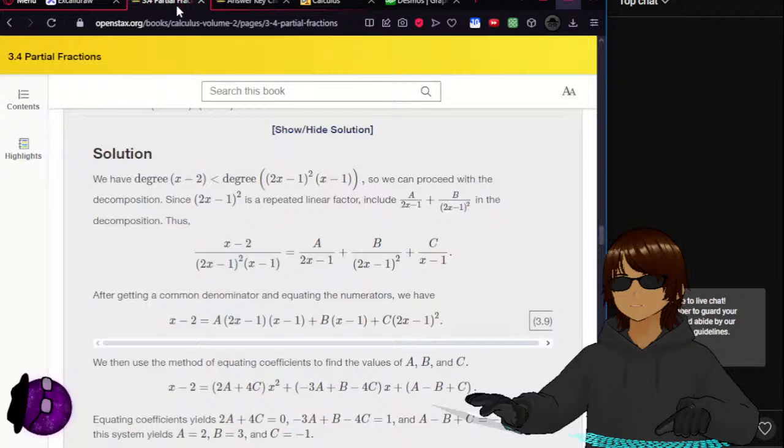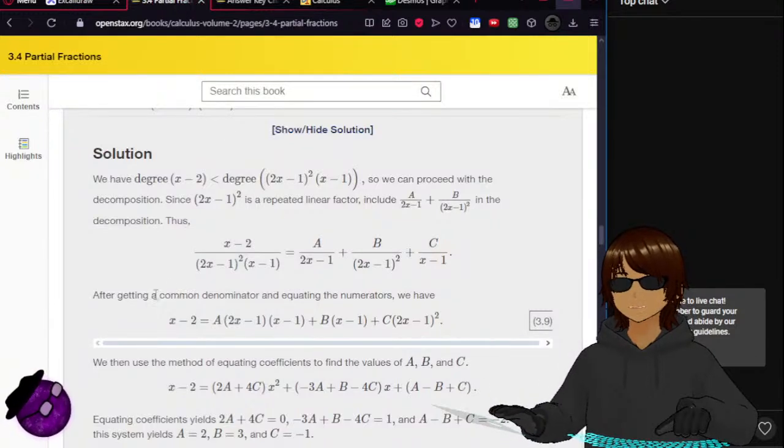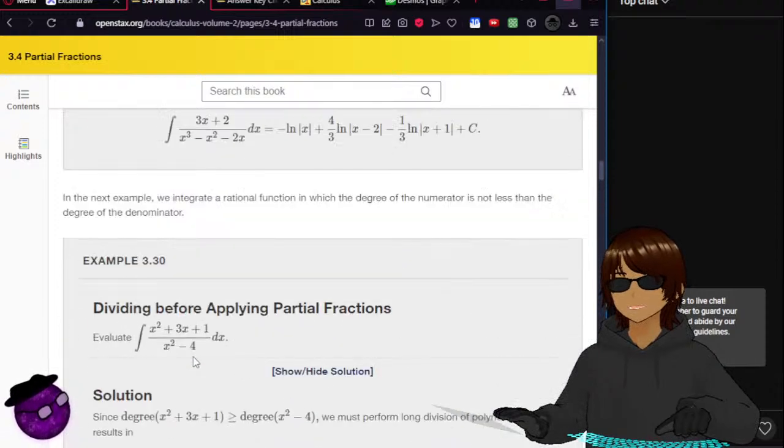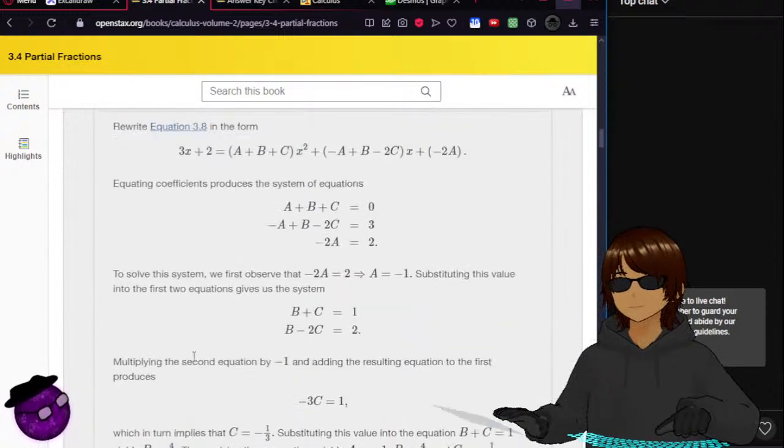Is it supposed to take this long after getting a common denominator? What's the method of equating coefficients?